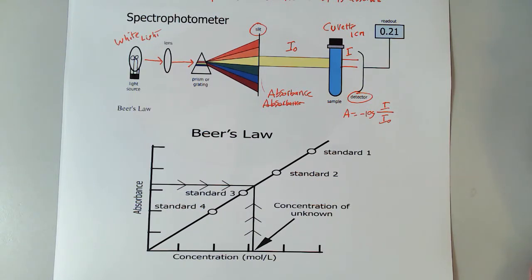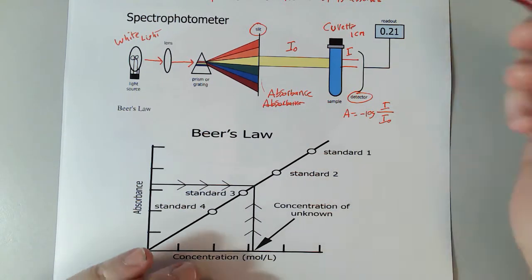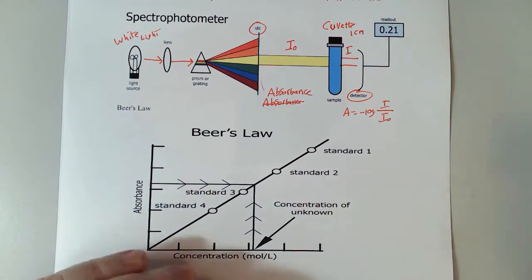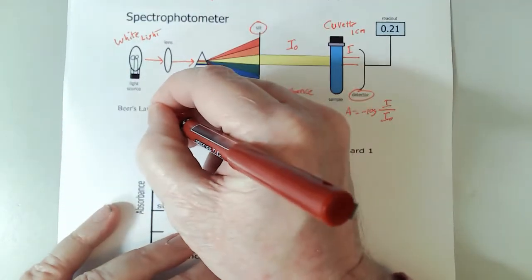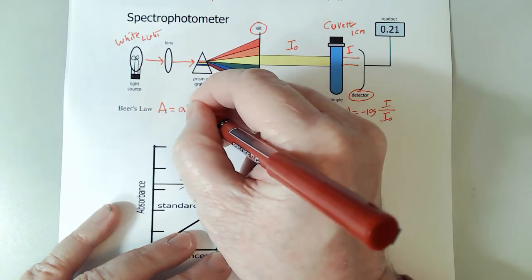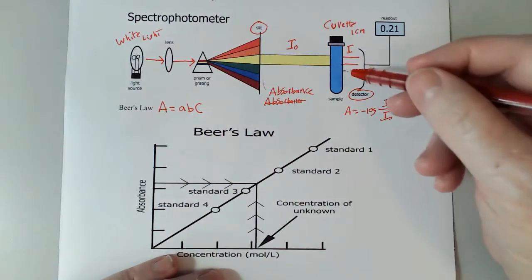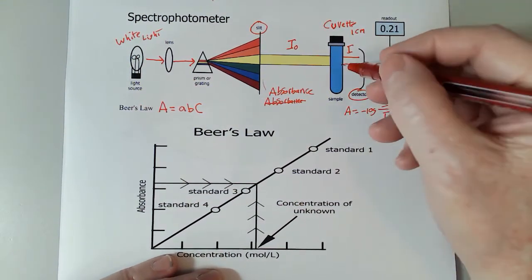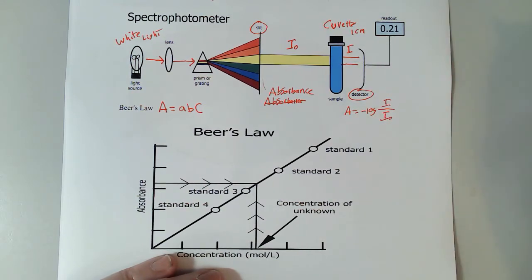Okay, so Beer's law governs how much light is absorbed. Absorbance, A equals A, B, C. The more concentrated this is, the more light it's going to absorb and the less that will come out on this side.